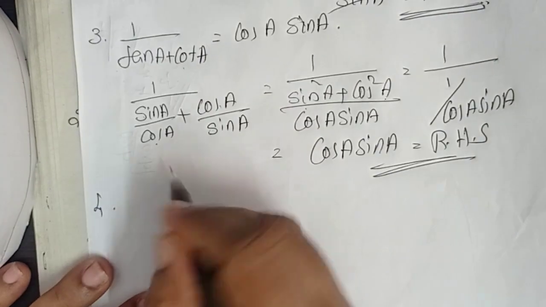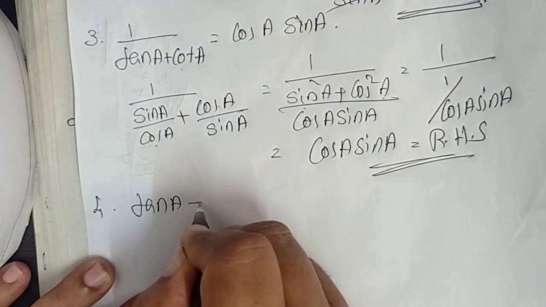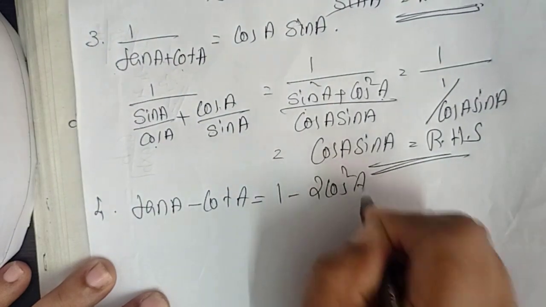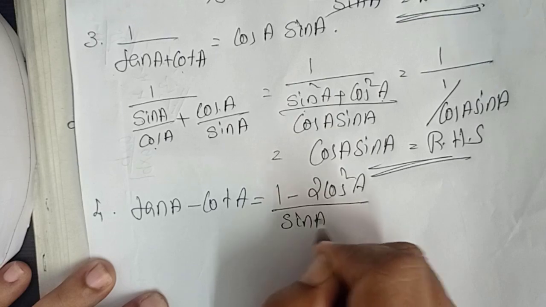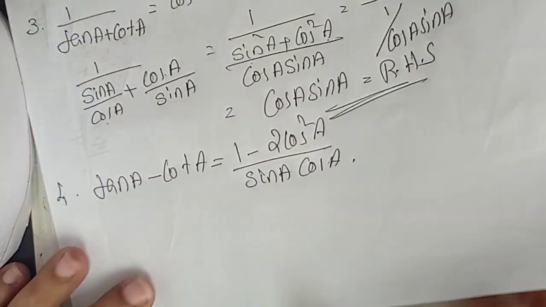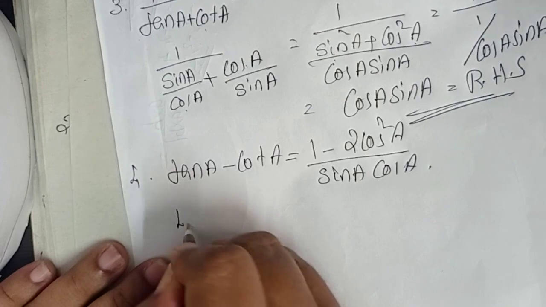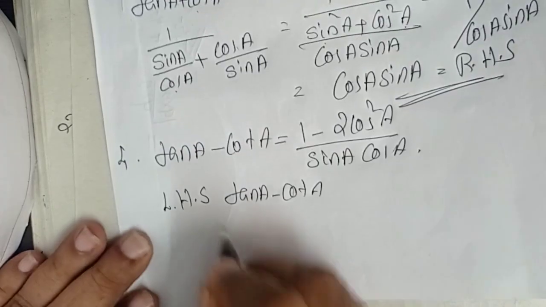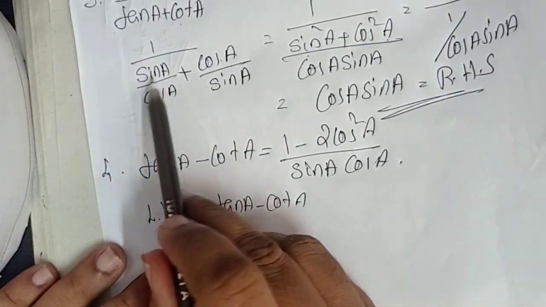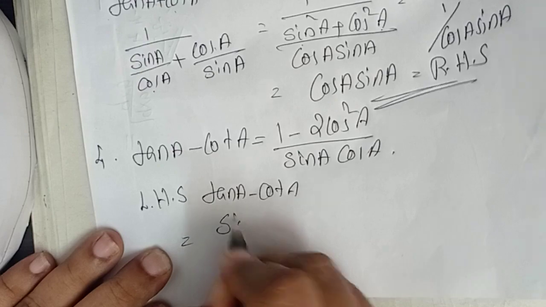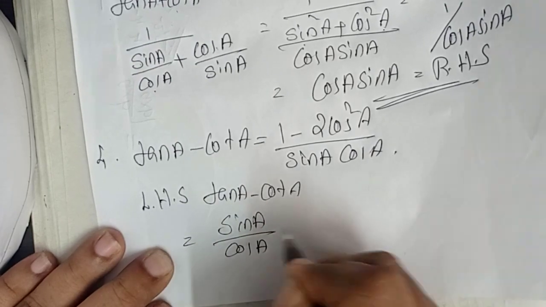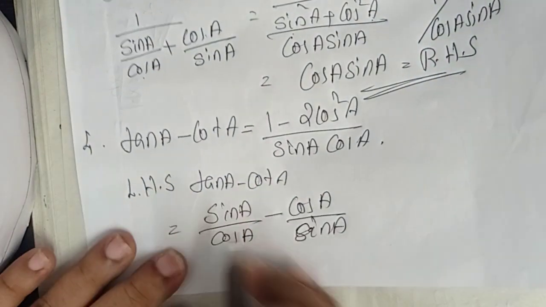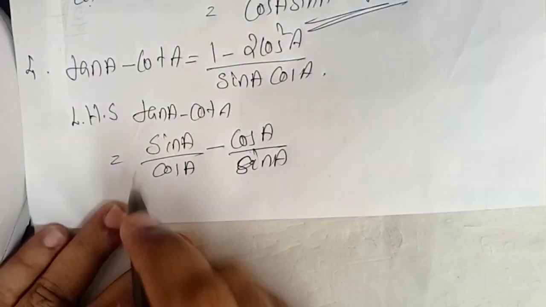Then fourth question, tan A minus cot A equal to (1 minus 2 cos square A)/(sin A cos A). Here taking the LHS, that step is important. Taking the LHS, tan A minus cot A. How can you write tan A? In the previous step, tan A we wrote as sin A by cos A, so sin A by cos A minus cos A by sin A. If two fractions are there, the method is take the LCM.